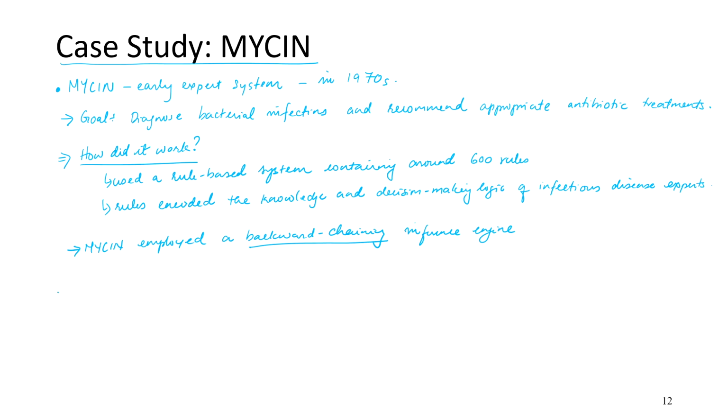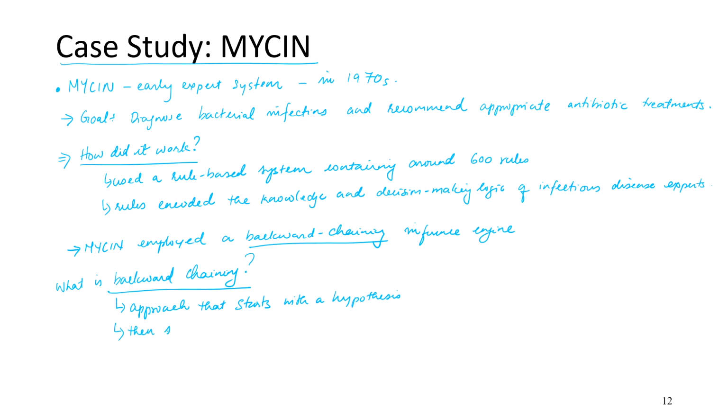So, what is backward chaining? We will probably do a small example in the class depending on the time. It is an approach that starts with a hypothesis, and then searches for evidence.